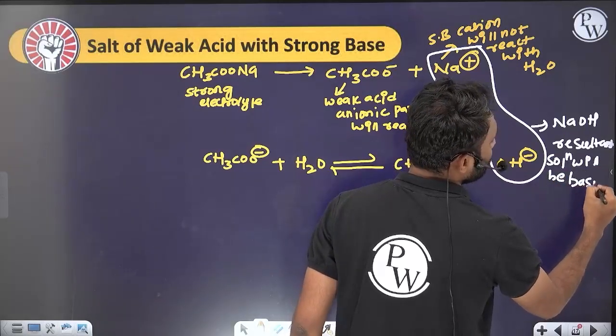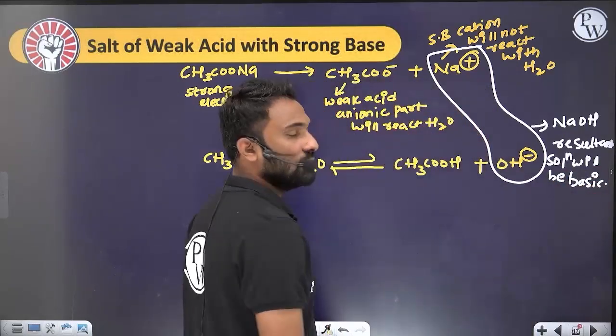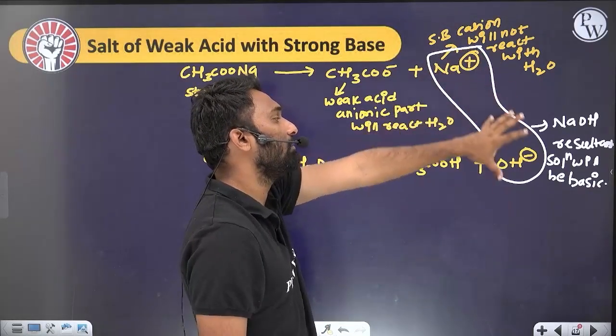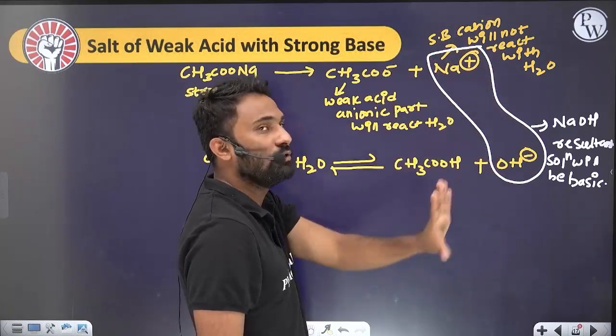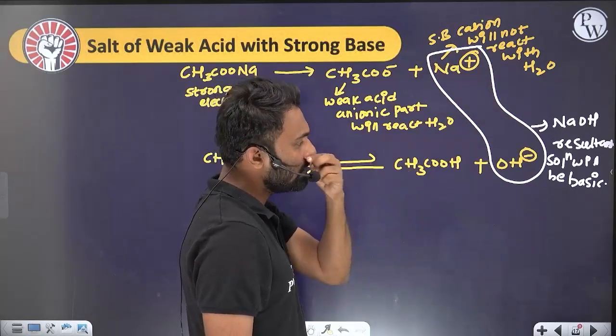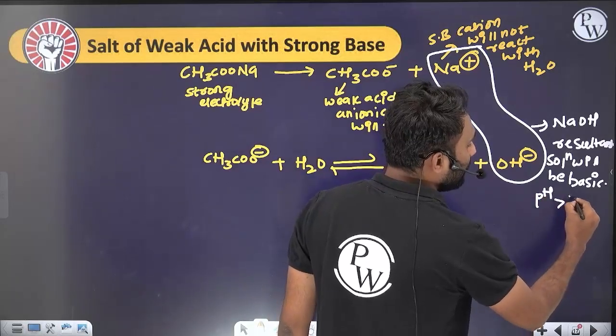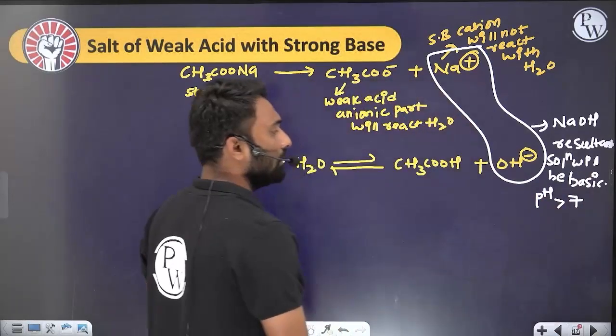The resultant solution will be basic because here we are having the Na plus ion and OH minus ion giving NaOH. NaOH is a base. Now, the resultant solution will be basic. Now, the pH will be greater than 7.